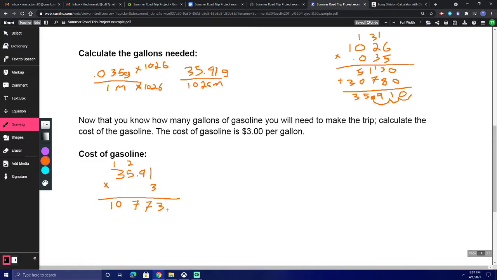So I know my decimal point would start here, and I'd make 2 jumps. And my final decimal here would be here. So the cost of the gasoline for the whole trip to Disneyland would be $107.73.